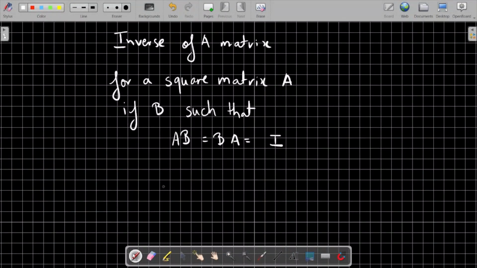Your AB should exist, your BA should also exist, and both of them should be equal to I, the identity matrix.